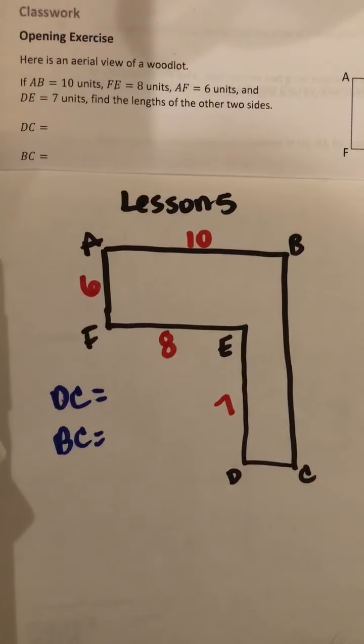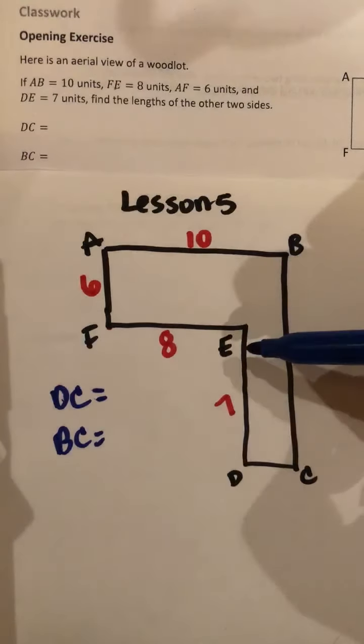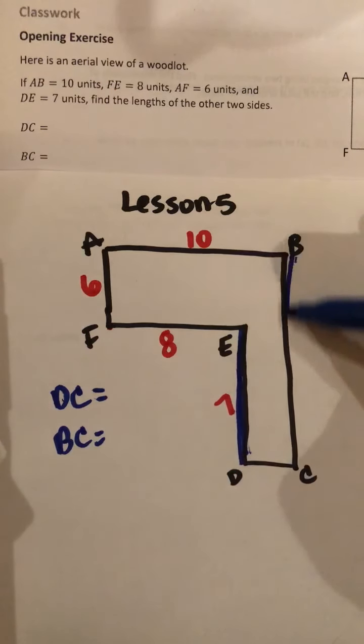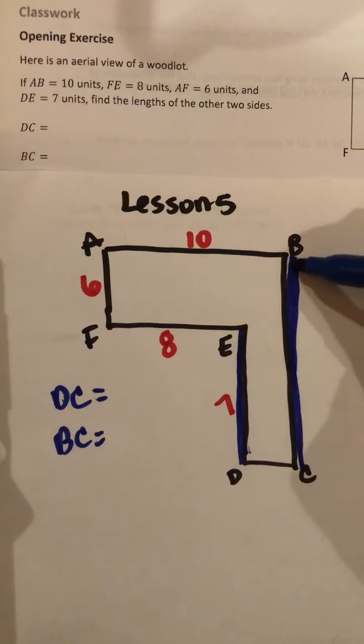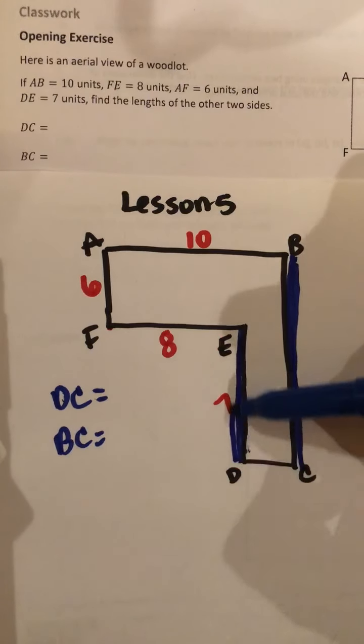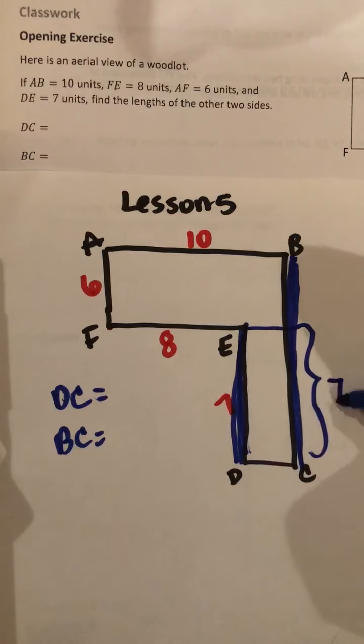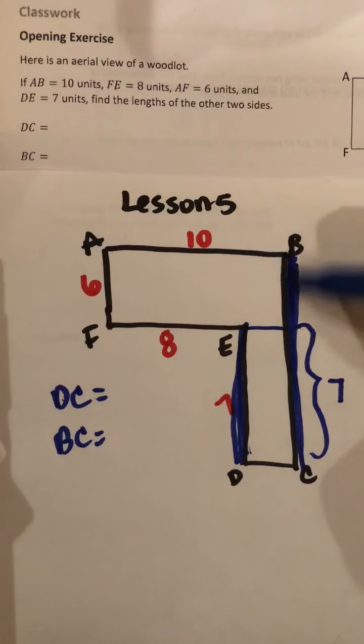So I'm going to use what I have. I'm trying to find BC right here, and from here to here is 7. Then I need to find this little piece.